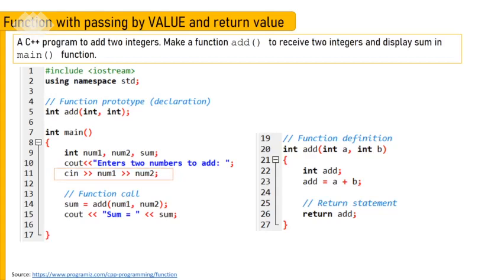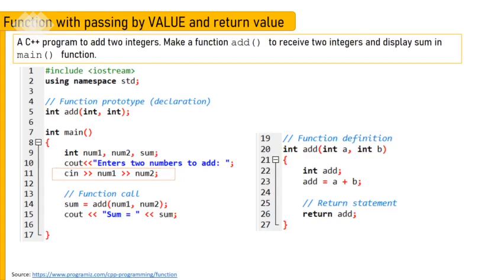In the main function, we have statements to prompt the user to enter data, which are cin num1 and cin num2. Both of the values we need to transfer or pass to the function definition add in order to calculate the addition.